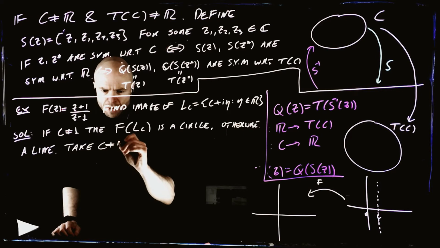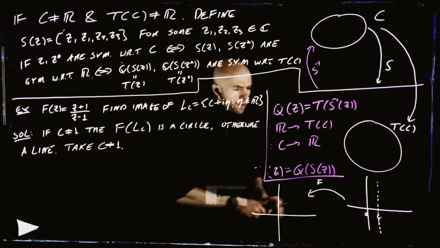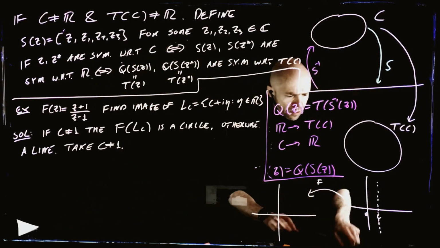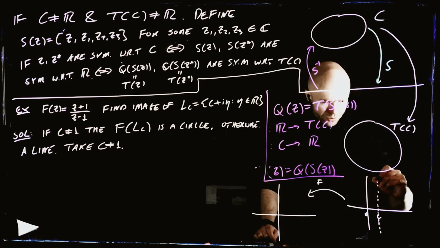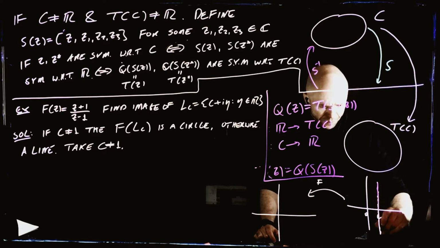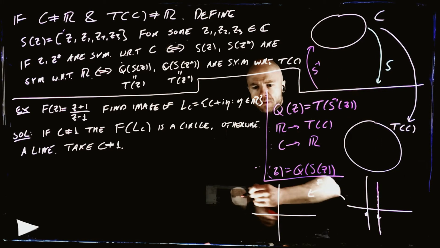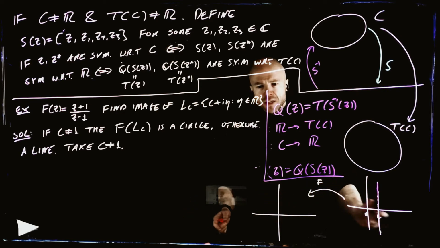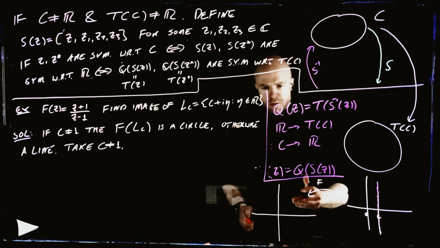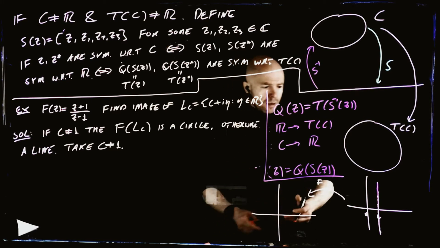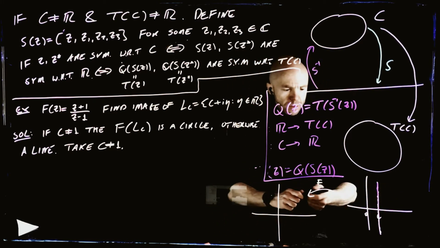It's got to be a circle, right? So when you're doing these homework problems, a really good idea is to take colored pens and to draw stuff in the domain and then draw stuff in the image that you know it's being sent to. Okay, so we know that this thing is going to be sent to some sort of circle, and that's all we know at the moment.